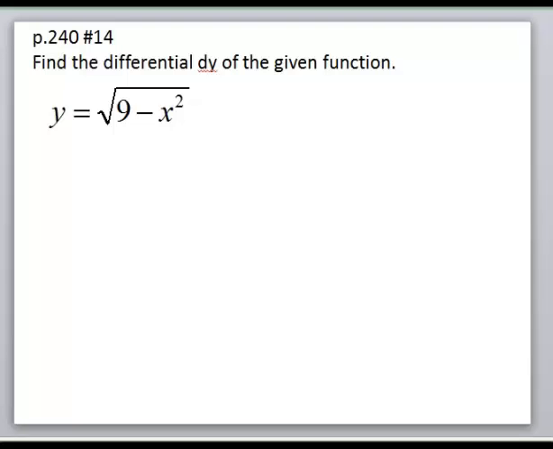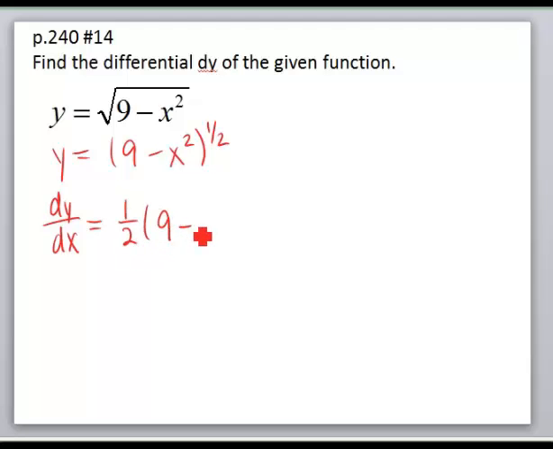Okay, my last example for day 1 will be to find the differential dy given the function. Really, all we need to do to find a differential is to take the derivative. So what I'm going to do first is just go ahead and rewrite this: 9 minus x squared to the 1/2. I'm going to take the derivative, dy over dx is equal to, bring that out front, 1/2, rewrite this and lower it by 1, take the derivative of what's inside, which is negative 2x.